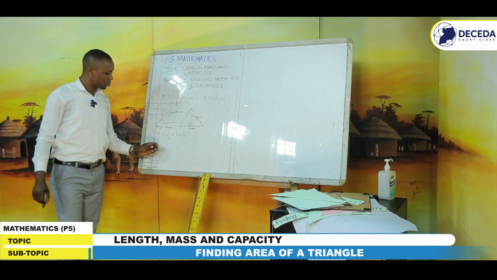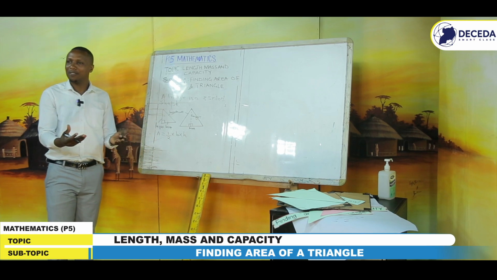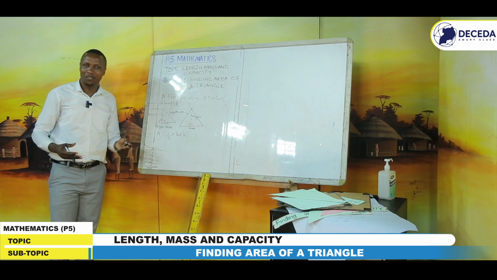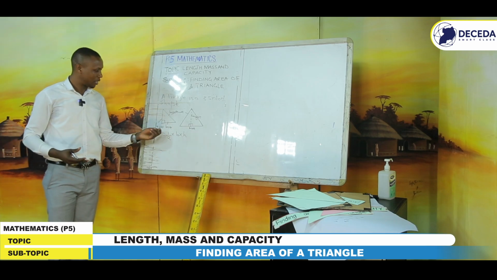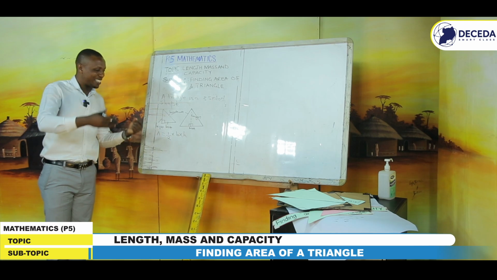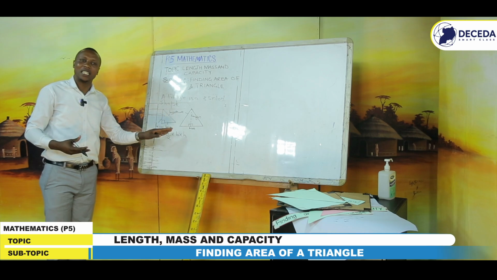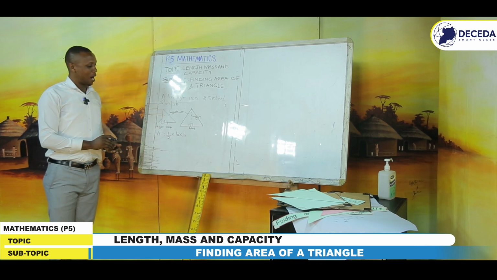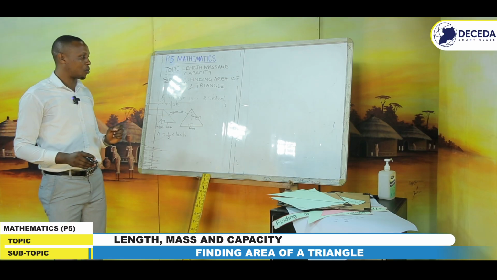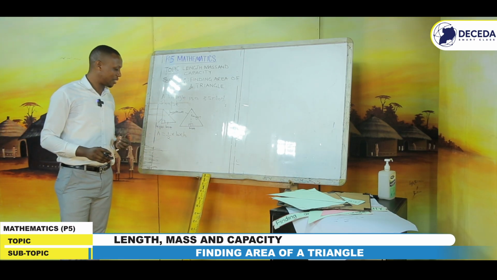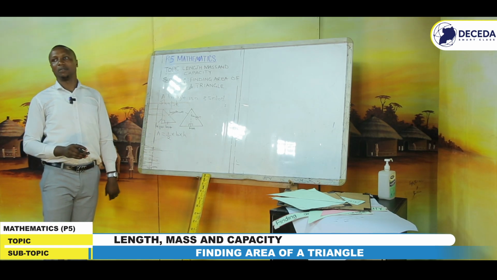You have to make sure that under the guidance of the formula, even though a triangle has another side called the hypotenuse, it is not applied anywhere because it is not in the formula. What we are interested in are the sides mentioned in the formula. So the formula for finding area of any triangle, as long as it possesses a right angle, is area equals a half times base times height.